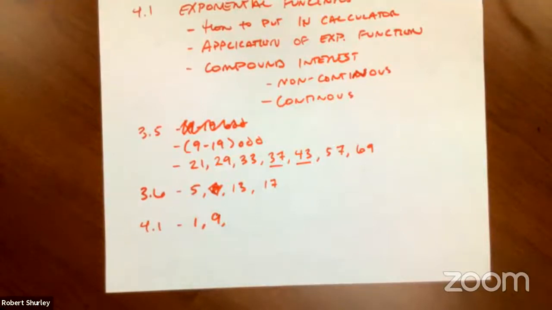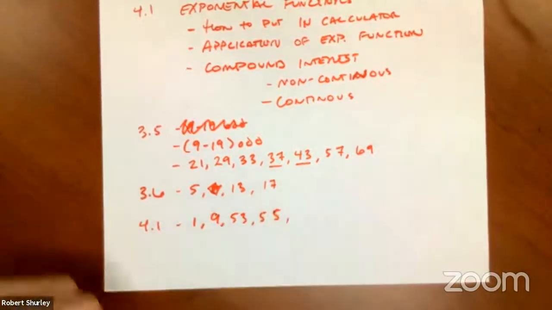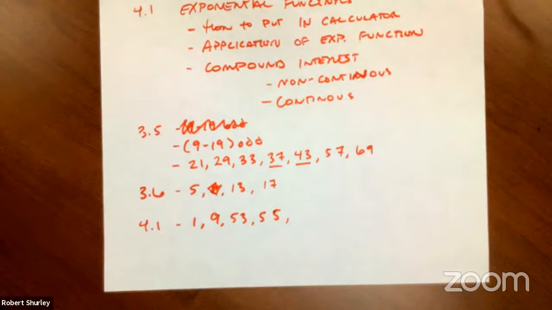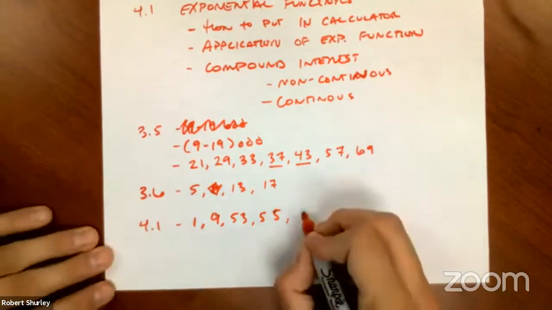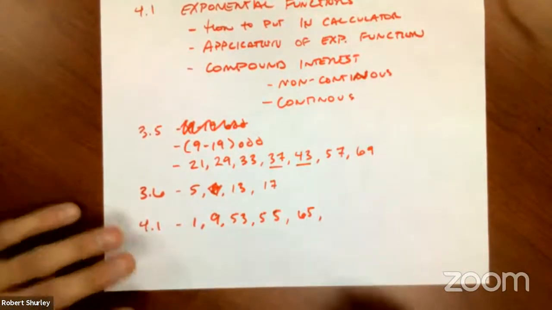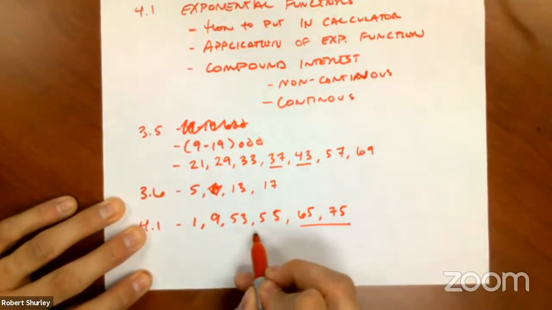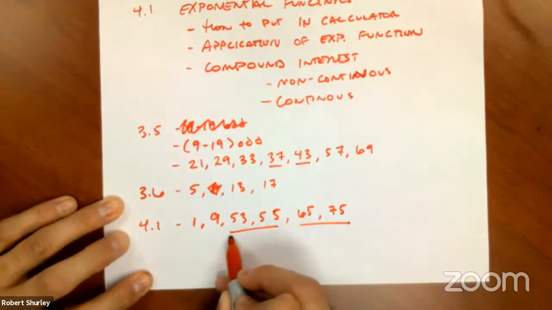So let's do the compound interest question, 53, 55. And then the application would be like 65 or 75. So these are the application. This is the compound interest.